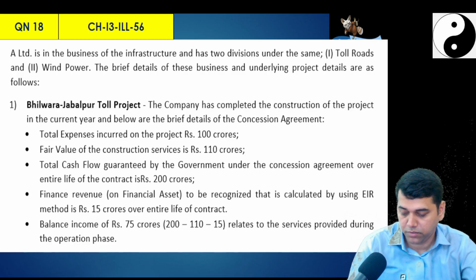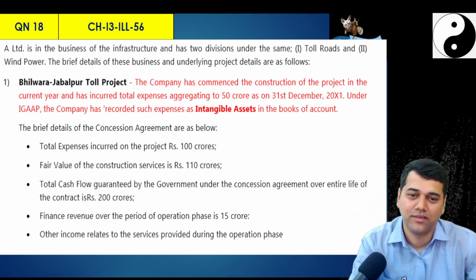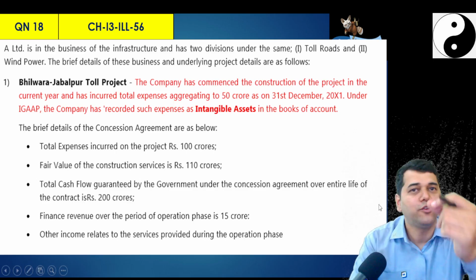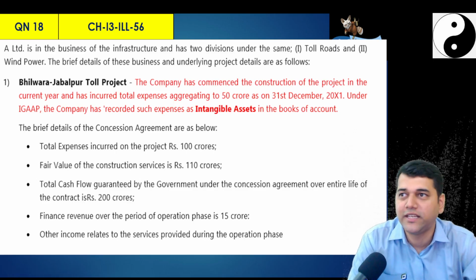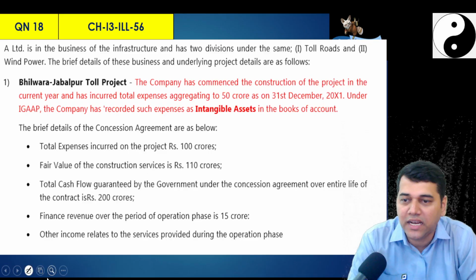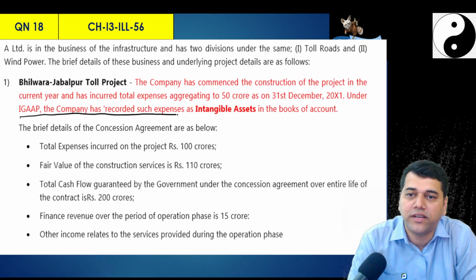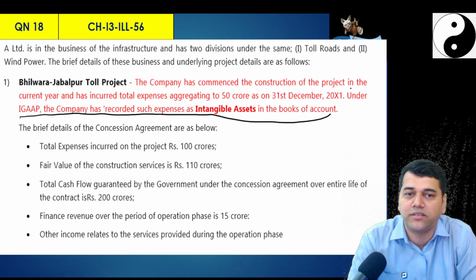One minute. Yeah, nice thing you told me. Students, very nice that you have brought to my attention what was the content there in the book. So there was one more additional content here, that under IGAP, the company has recorded such expenses as an intangible asset in the book.